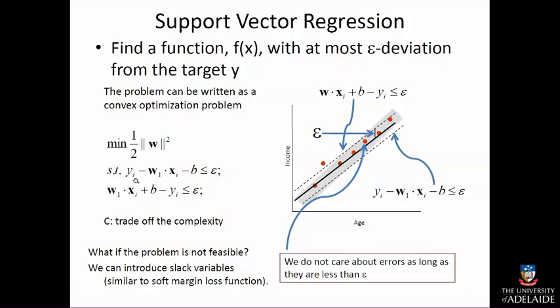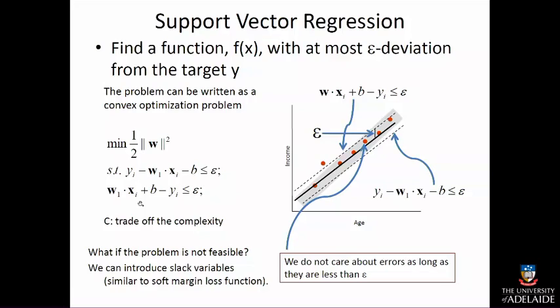For the data points that are above this linear function, which is this, what is W1?